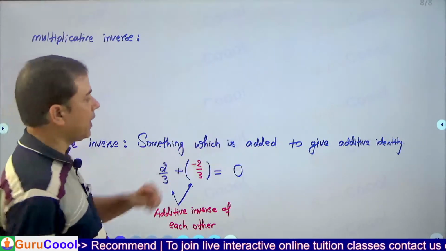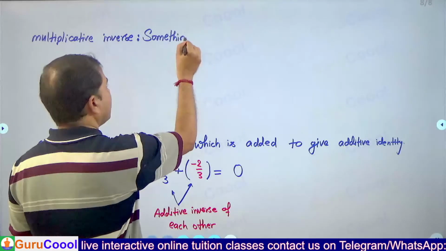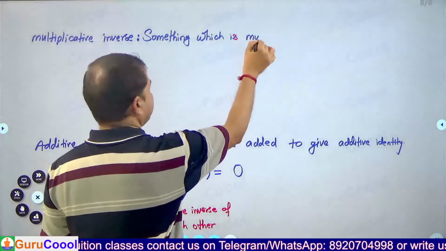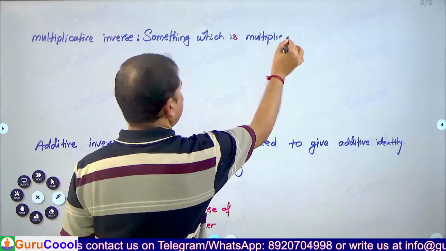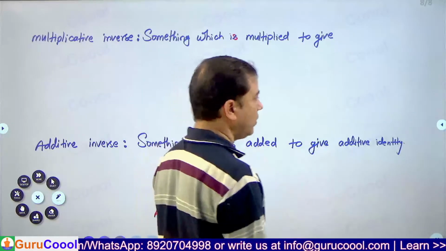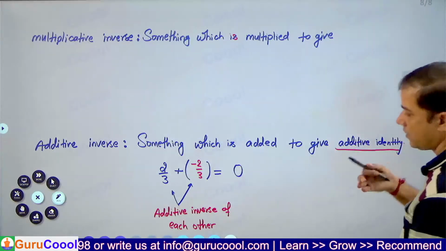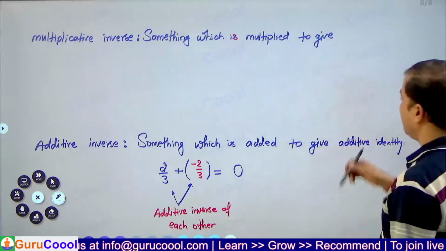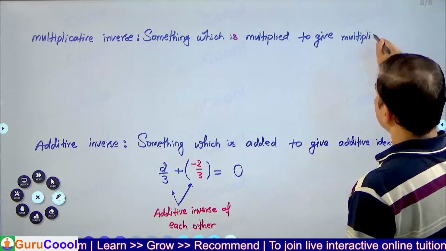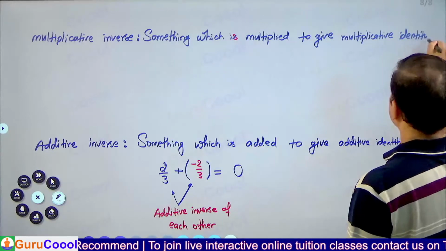Something which is multiplied this time, to give what? It was additive identity, so this time multiplicative inverse, sir. So easy idea. Something which is multiplied to give multiplicative identity.